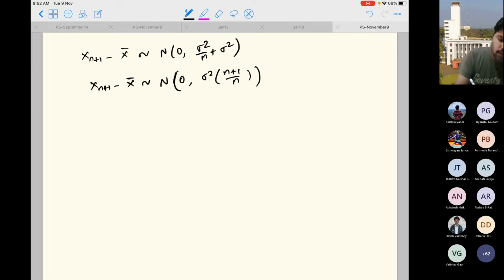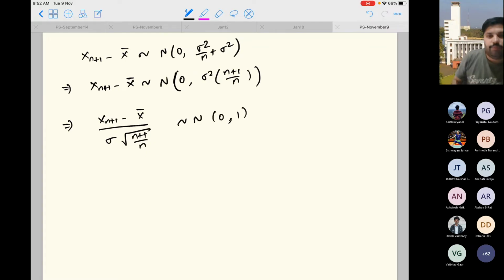Is that okay? So this means that (Xn plus 1 minus X bar) divided by sigma root (n plus 1) by n follows normal(0, 1).